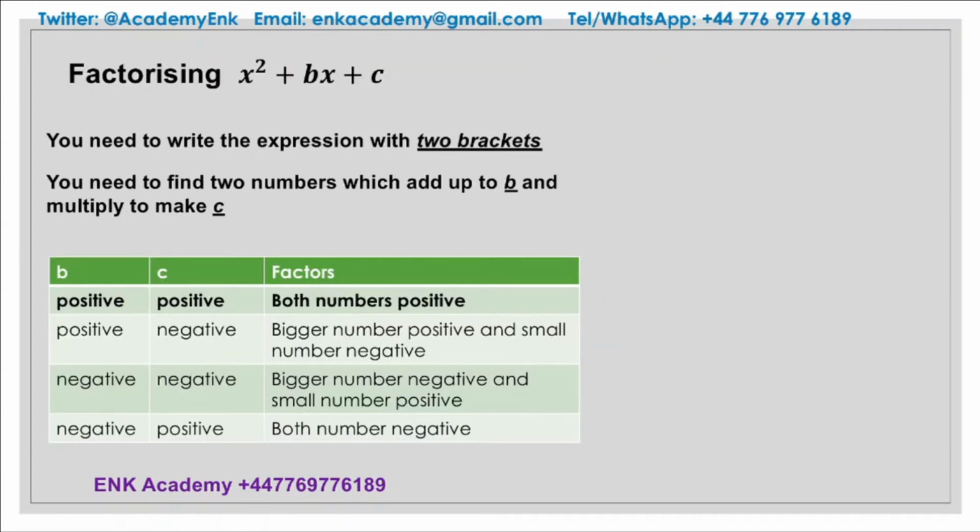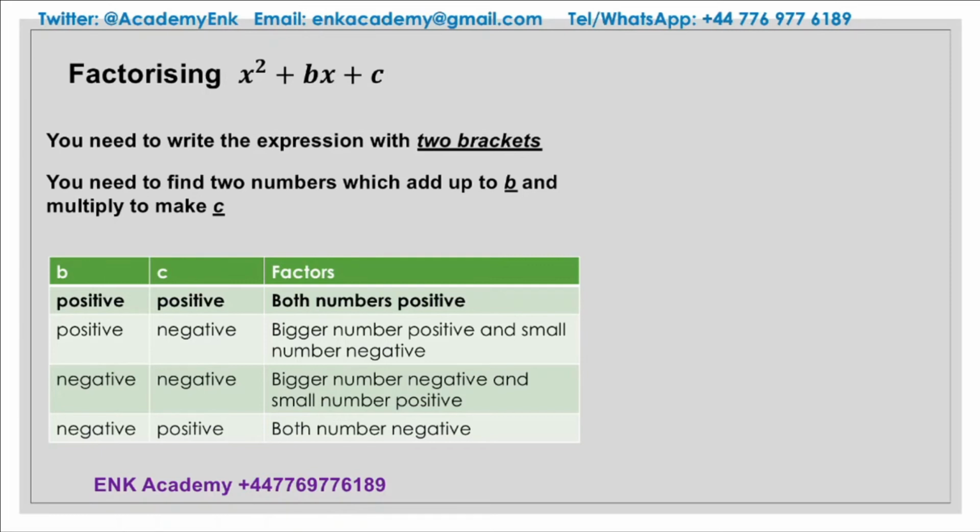It is more complicated when you want to factorize a second order expression. In this case, you need to write the expression with 2 brackets, and you need to find 2 numbers which add up to b and multiply to c.